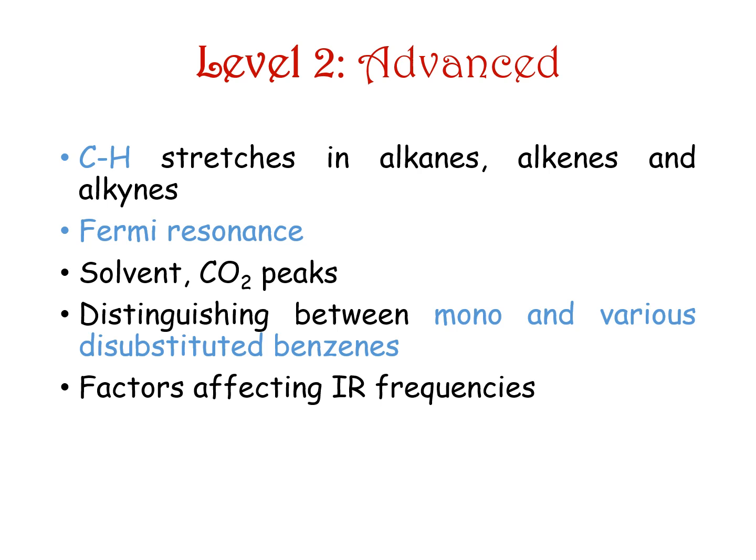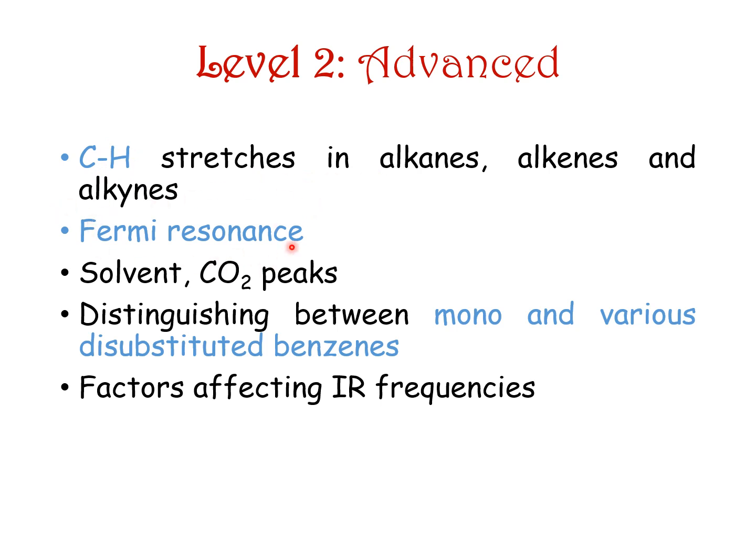Now this was the very basic level. There are still so many things to be learned in the interpretation of IR, but we will take them in the next levels. In the advanced level, you will learn how to distinguish CH stretches into alkanes, alkenes and alkynes.